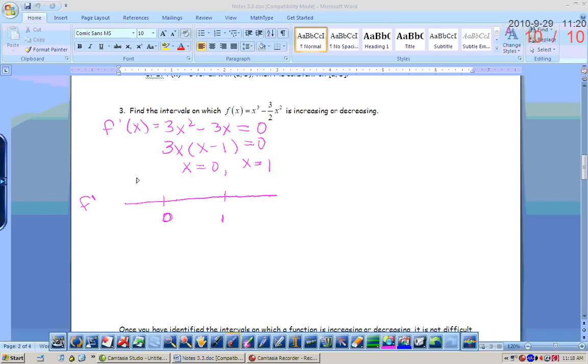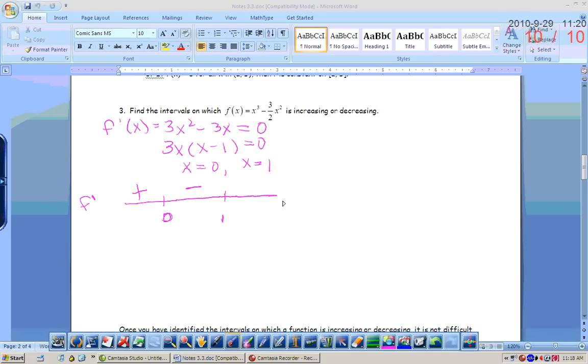So that's positive. Okay, what do you want to test between 0 and 1? 0.5. Okay, 3 times 0.5 is going to be positive. 0.5 minus 1 is negative. Positive times a negative is a negative.